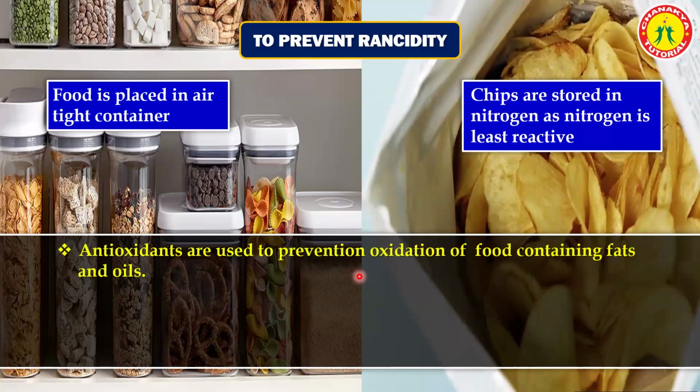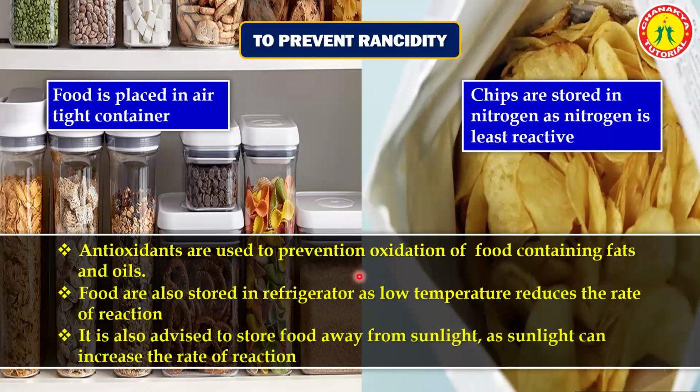Another method can be antioxidants. What is rancidity? It is oxidation of the fats and oils present in the food. So to prevent that oxidation, we add some antioxidants to the food. Food also can be stored in a refrigerator because in a refrigerator the temperature is very low. Low temperature slows down the reaction and hence rancidity also slows and the food can be stored for longer.